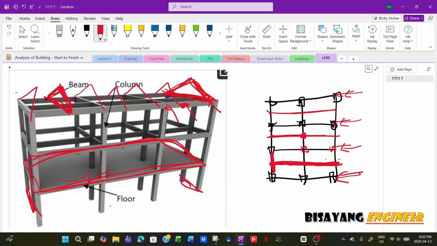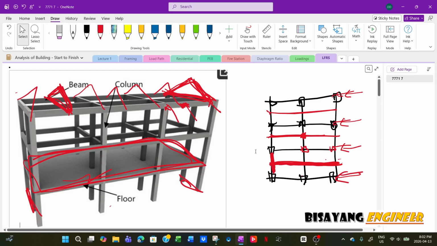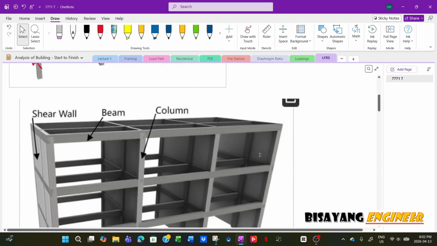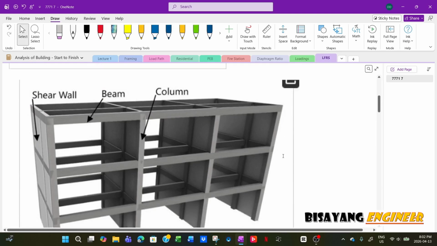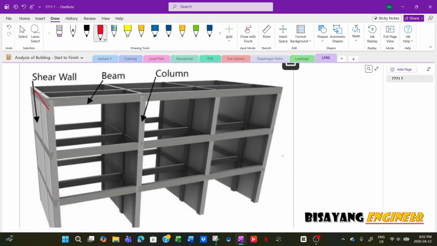So that's if you have a beam-column system for the lateral force resisting system. Now, in this example, there is a shear wall. You already know how the loads are transferred to your elements. So in this particular example, instead of your beams and columns resisting the lateral force as a rigid moment frame, you rely on the shear wall.